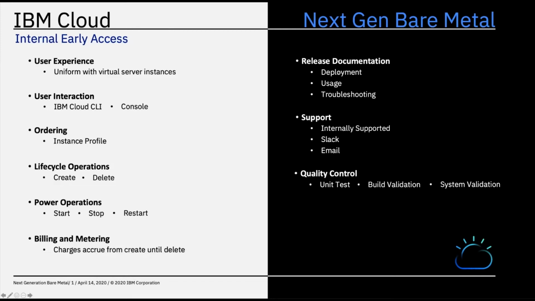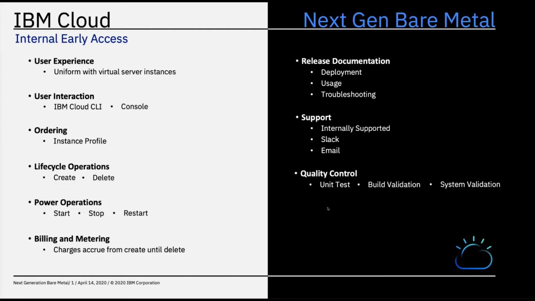On the right side here, I'll just touch upon some of the things that we've done in preparation for this release. We do have release documentation that was created that goes through the deployment and configuration, usage and troubleshooting of the product. For internal early access customers, there's the ability to be supported by the development team through Slack channels and email.